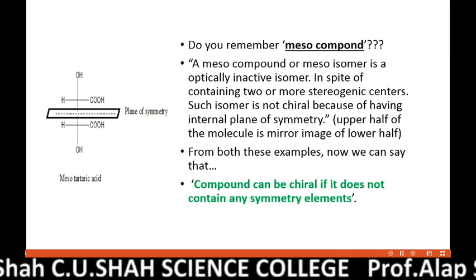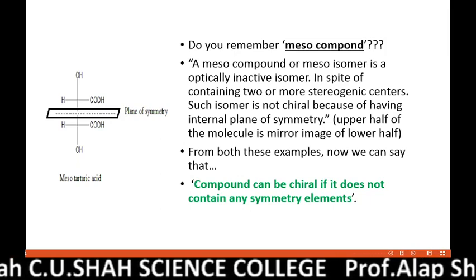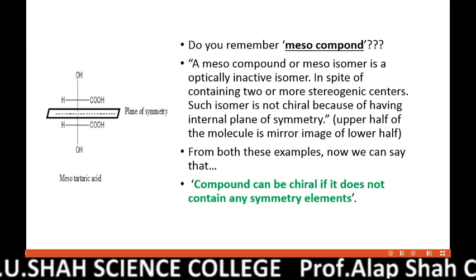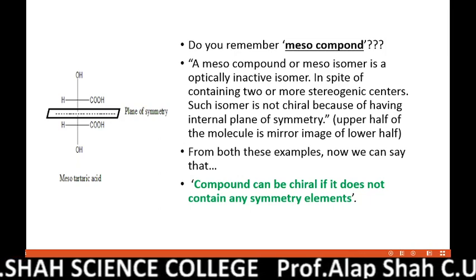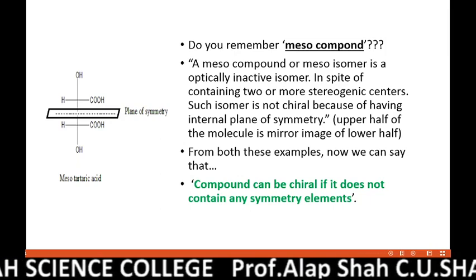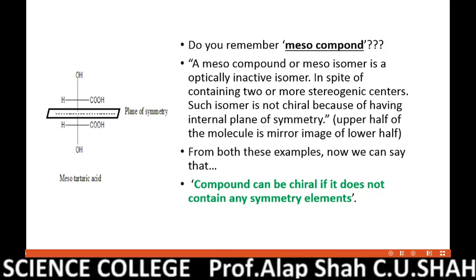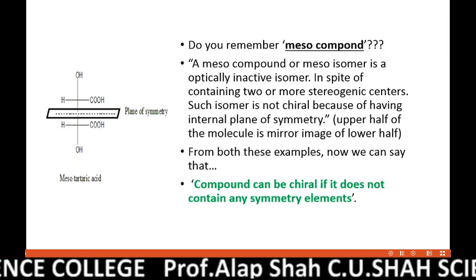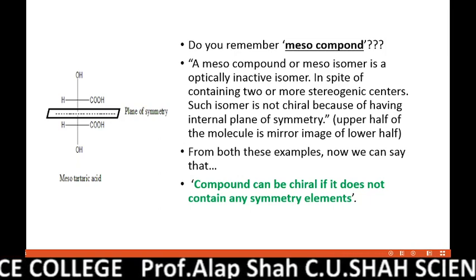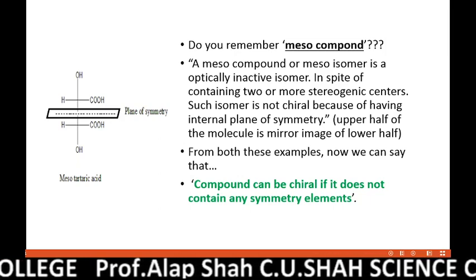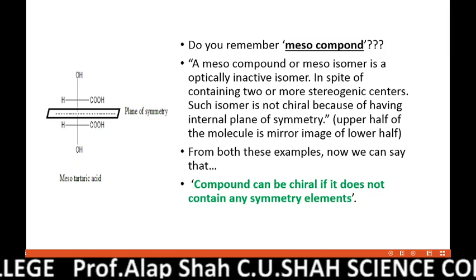So from these two examples, we discussed first lactic acid. Carbon is called chiral carbon only if four different groups are attached, in other words, no symmetry elements are present. And the example of a mesoisomer, in which chiral carbons are present but a plane of symmetry is present, that's why it is not optically active.